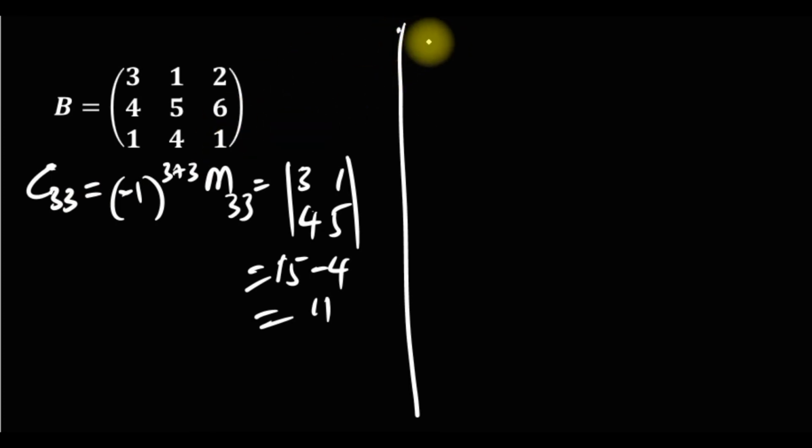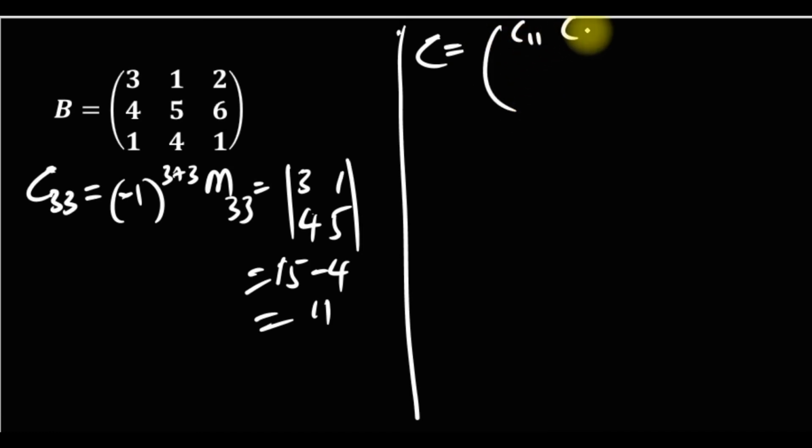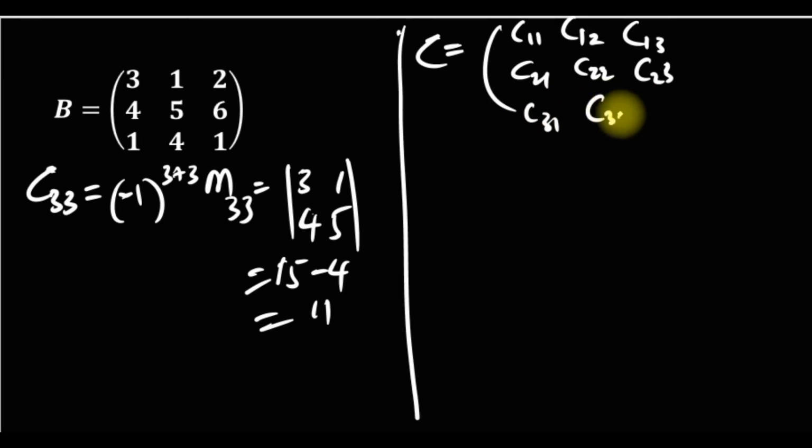Therefore, our matrix C equals C11, C12, C13, C21, C22, C23, C31, C32, C33.